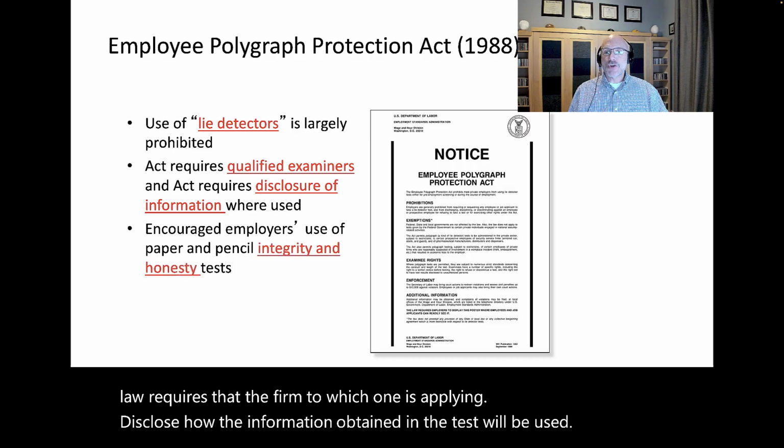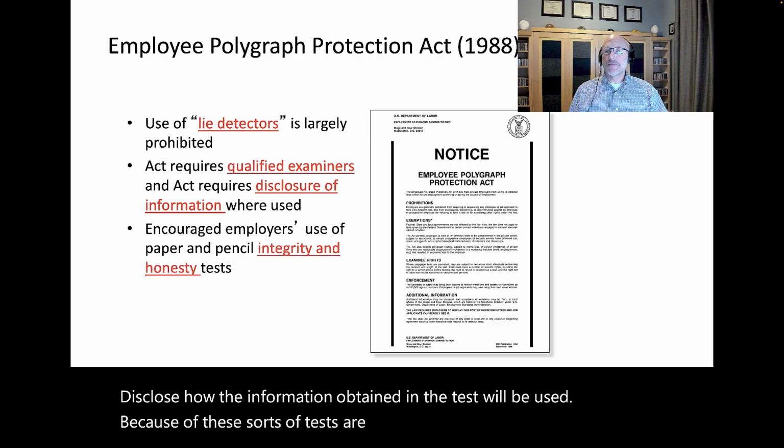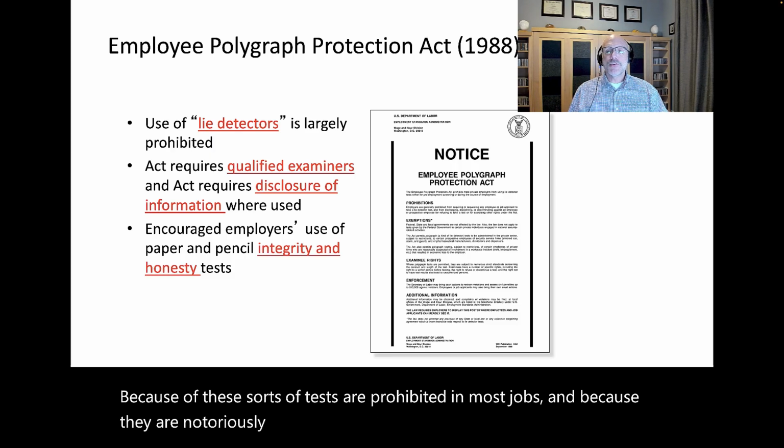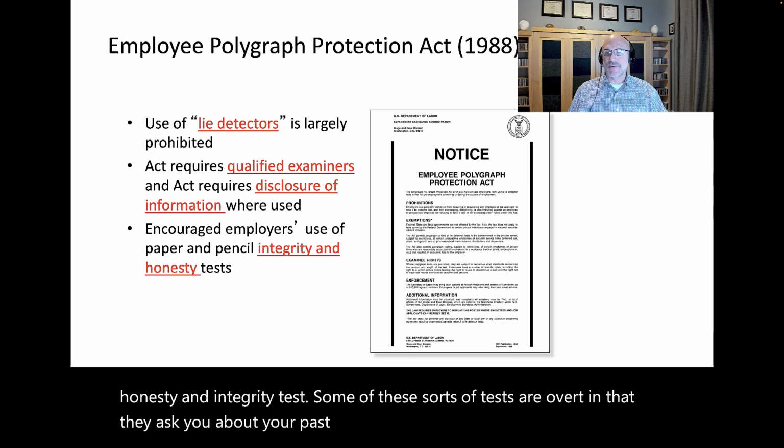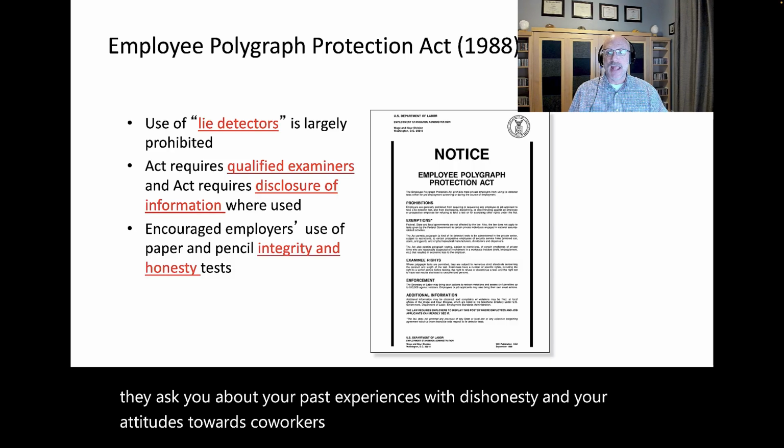Because these sorts of tests are prohibited in most jobs and because they are notoriously unreliable, most employers use paper and pencil honesty and integrity tests. Some of these tests are overt in that they ask you about your past experiences with dishonesty and your attitudes towards coworkers who engage in dishonest acts.